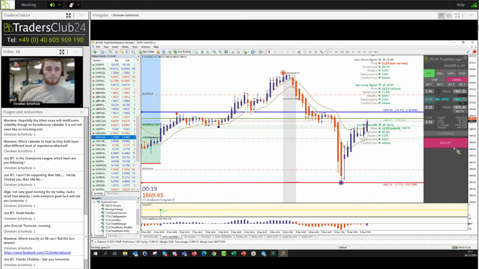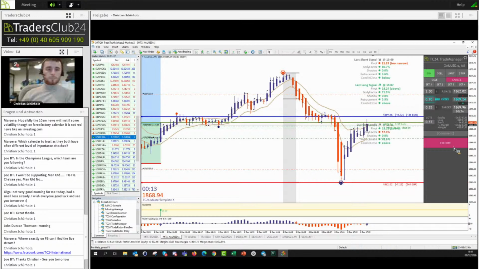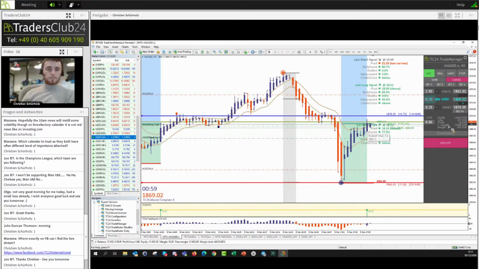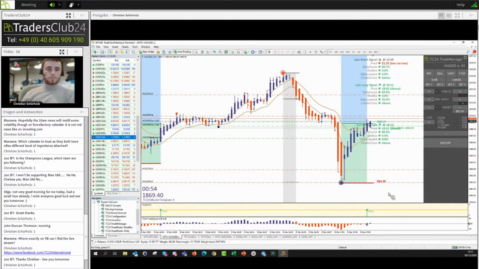That's a very nice candle, or on its way to be. Unless that closes correctly. Essentially what we're looking for is a candle similar to this, but in this position. So look, we've got our signal there. Let's execute that.